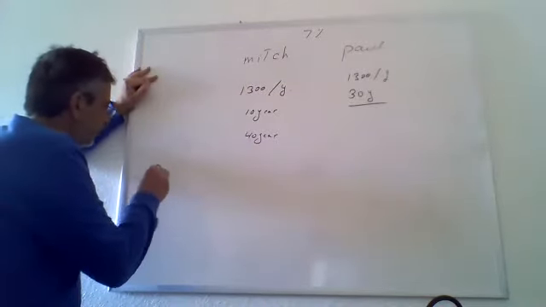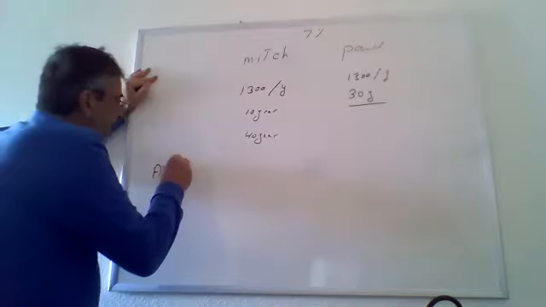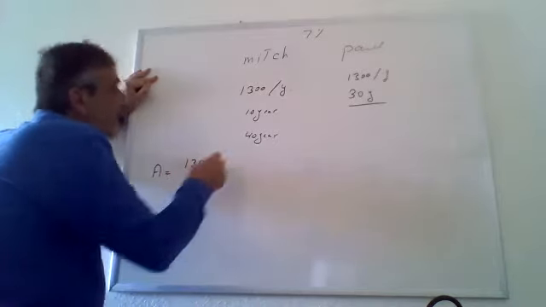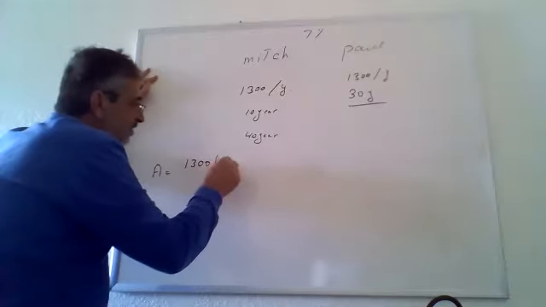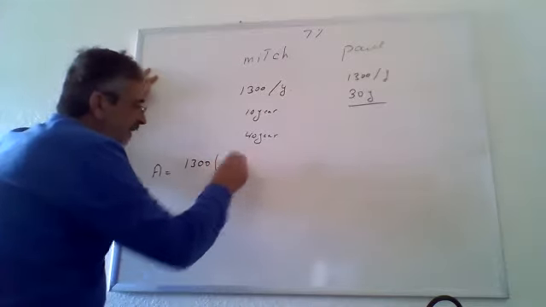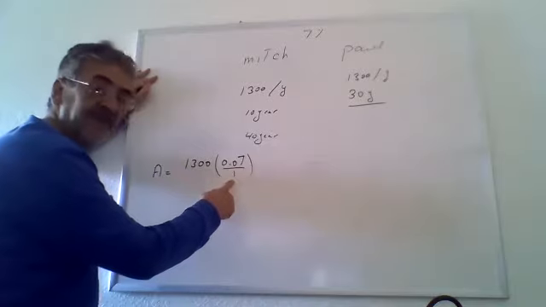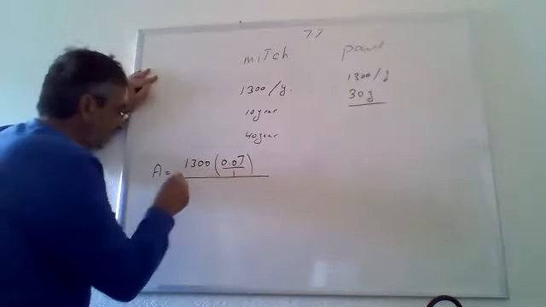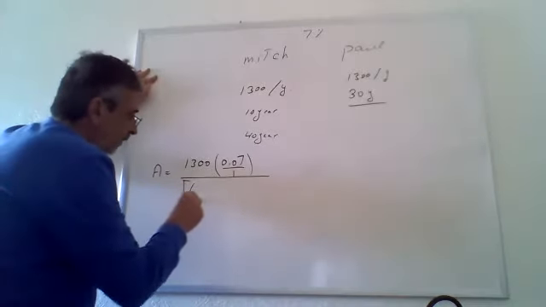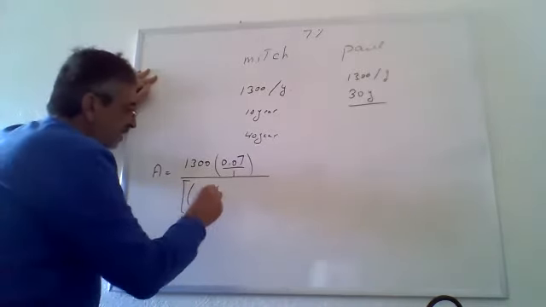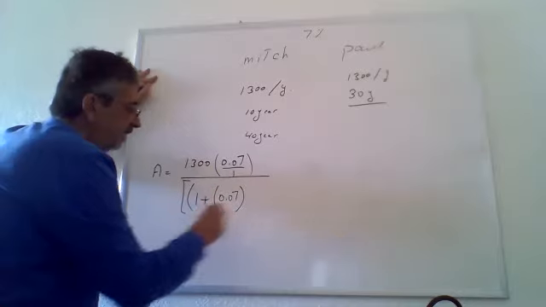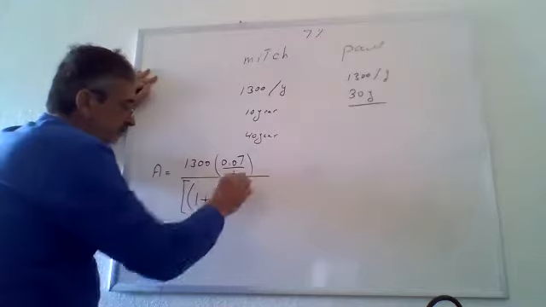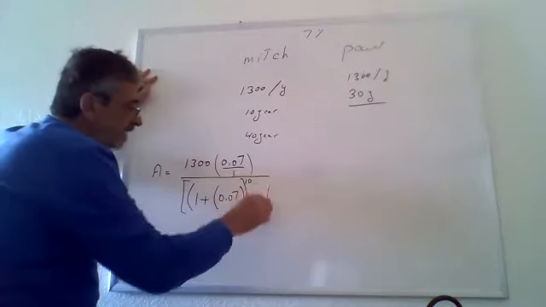So 10 years later, he has the following. A equals the payment, which is 1,300, times the APR, which is 0.07, divided by 1, since 1 is the number of compounding periods, divided by 1 plus 0.07 to the power 10, minus 1.